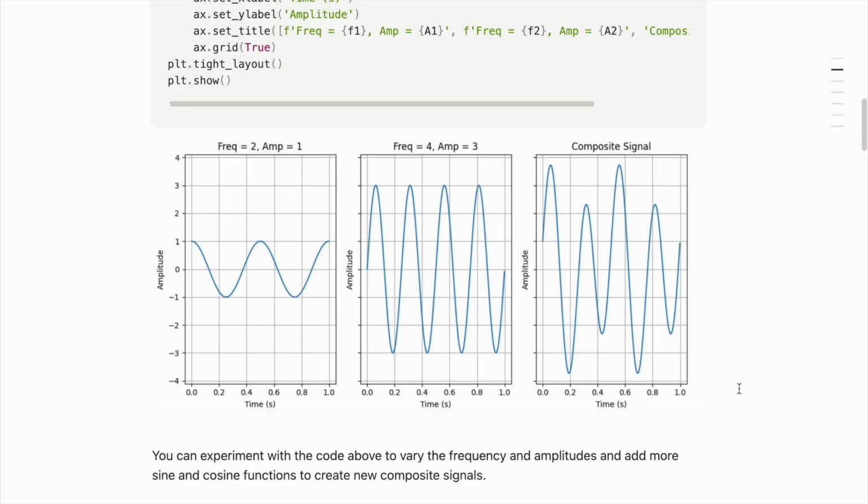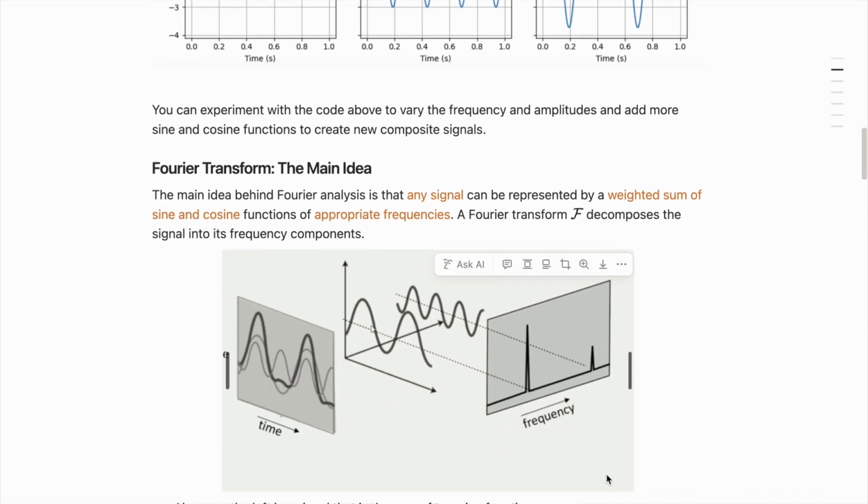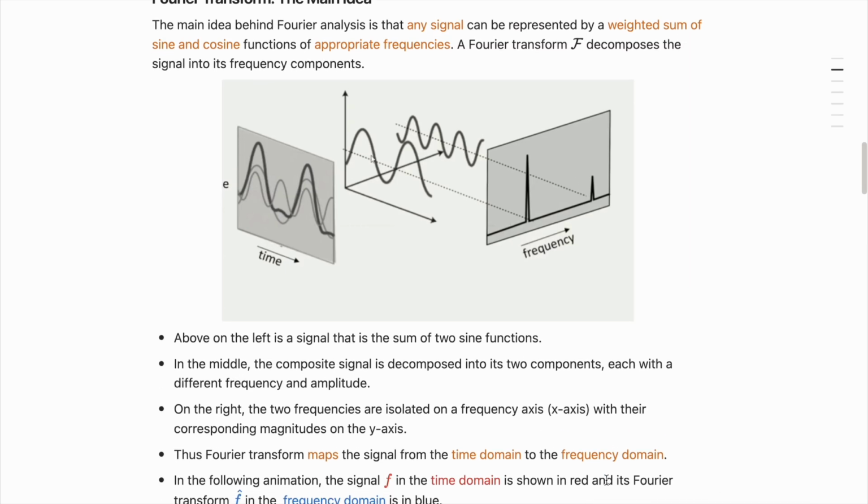The idea of Fourier transform is that given a composite signal, we should be able to retrieve the original elementary sinusoidal signals that composed it. And again, before we get into the mathematics of Fourier transform, let's get some intuition for it.